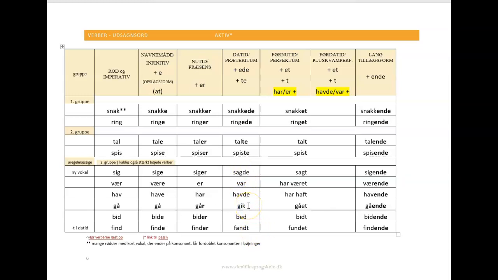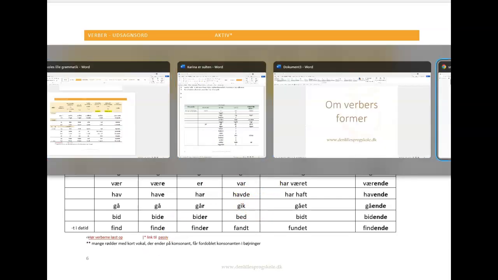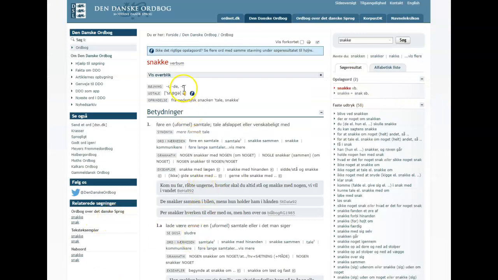So what do you do then if you don't have a table like this already? Then of course you use a dictionary. If you type snakke in the dictionary and you want to find out how to make past tense, the dictionary gives you the infinitive form, so the form with the e.